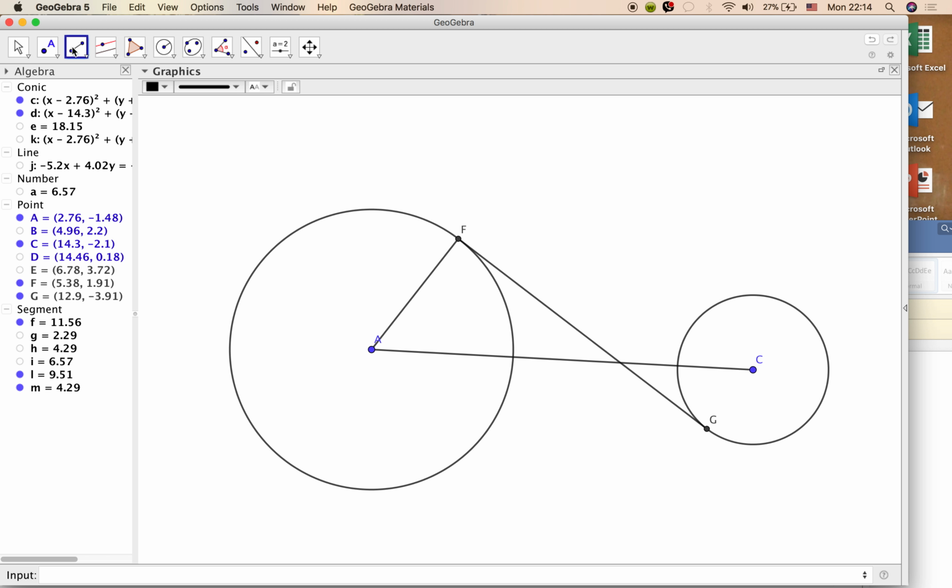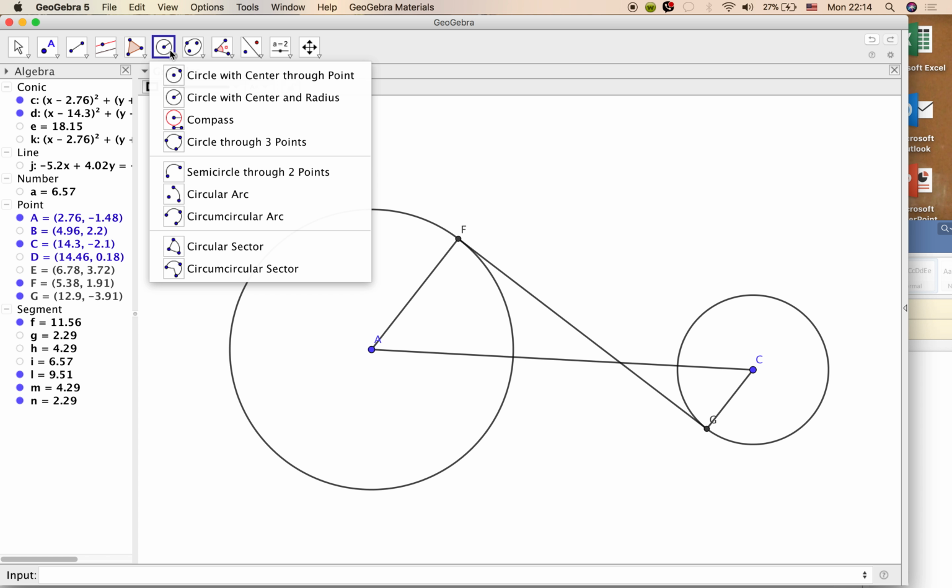Let's draw our line segment CG. It will be easier to find this by drawing the rectangle with sides AF and FG. To do that, we are going to the circle tab and selecting compass.